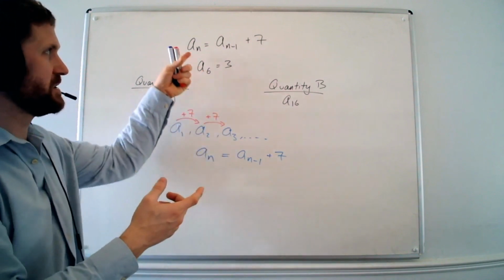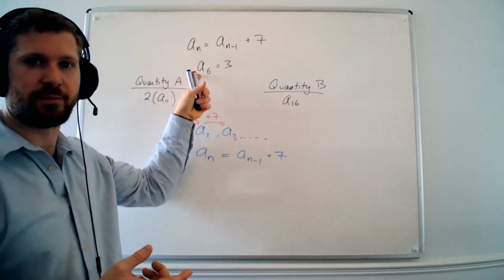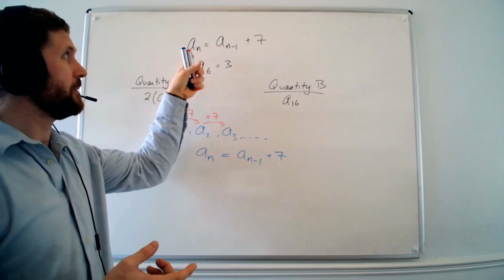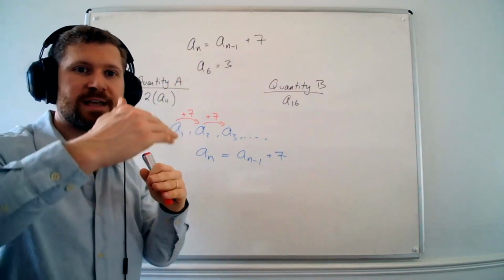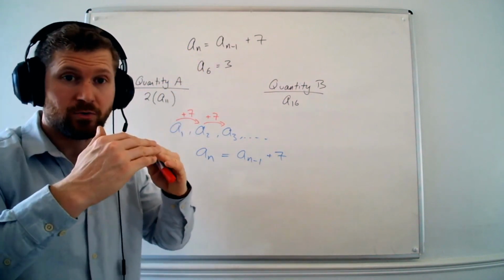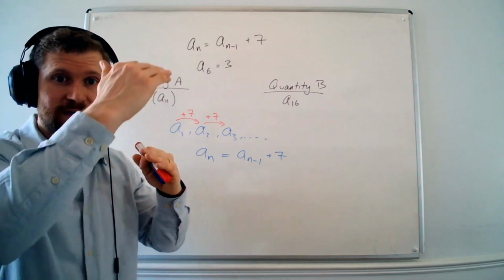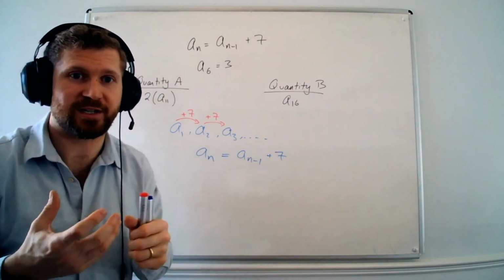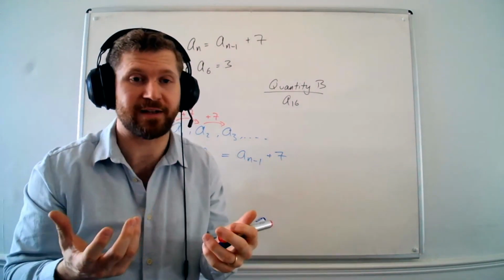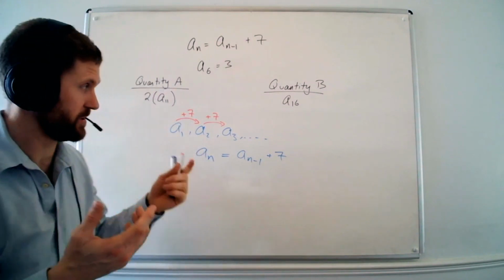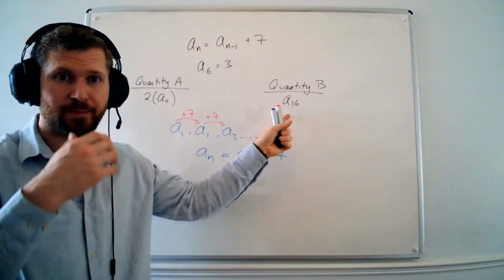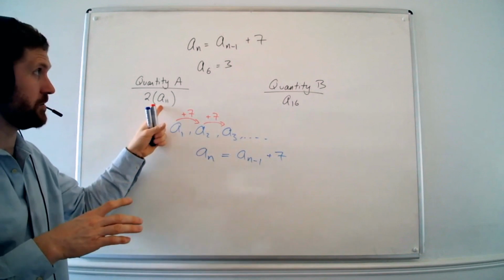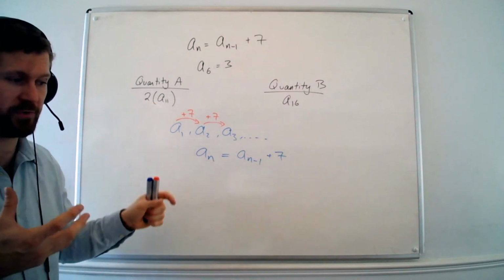So these two pieces of information give us a start point. We know what the sixth term is. And this top line tells us how to get from one term to the next, or if I reverse that, how to work my way down. So that's all the information I need. I can now figure out the value of any term in the sequence, which is great because that's what we need to do.